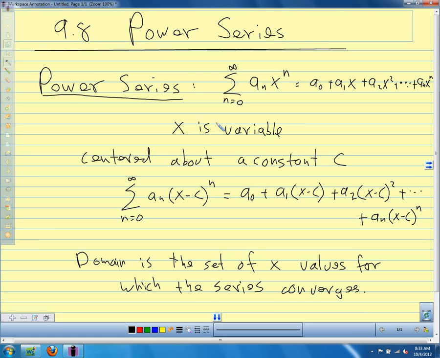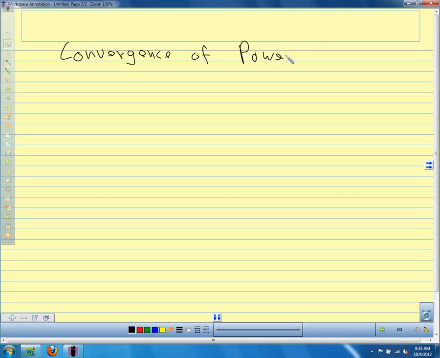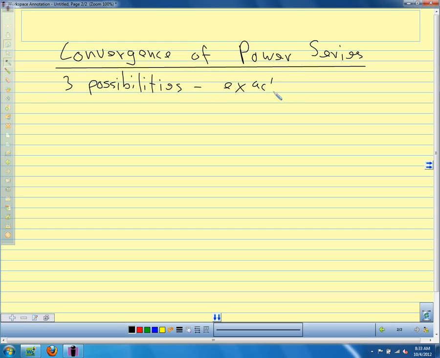So we have a few cases that happen with power series. For convergence, we can have exactly one of three cases. So exactly one of these is going to be true.